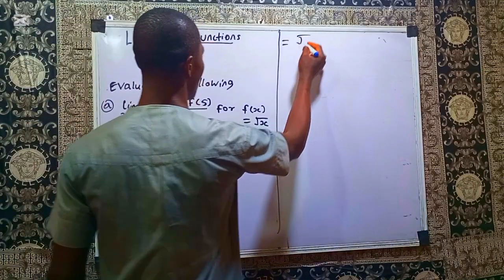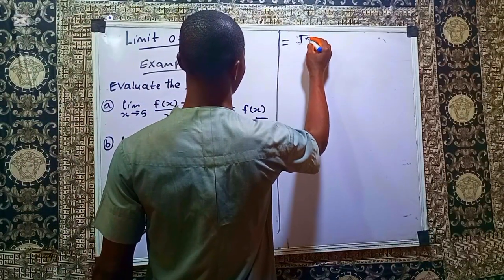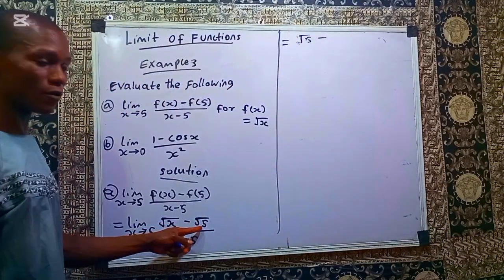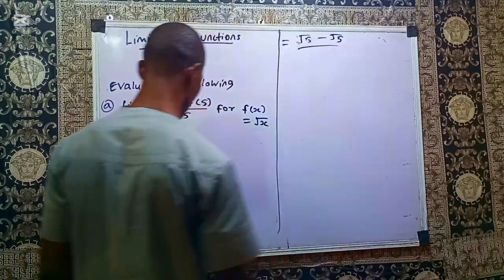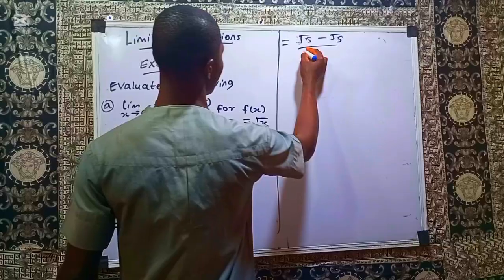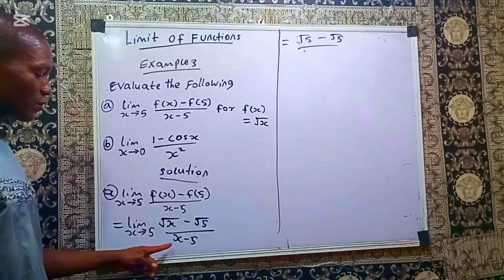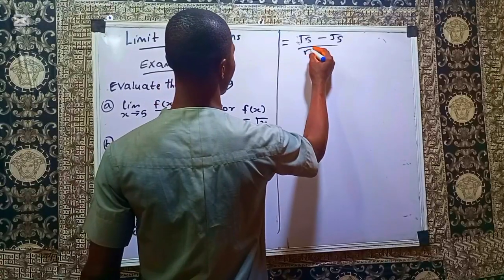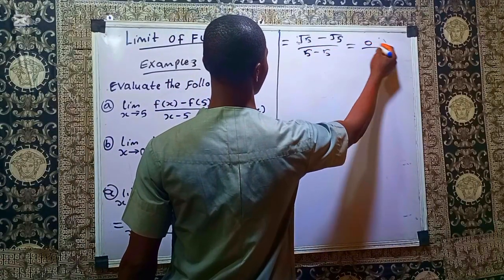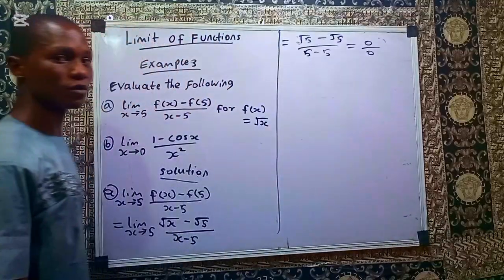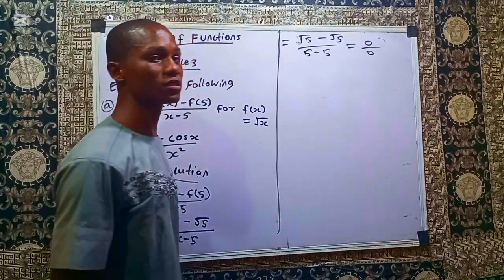Instead of square root of x, we have square root of 5, minus square root of 5 again, all divided by x minus 5, but with x being 5, so we have 5 minus 5. The numerator is giving us 0 and the denominator is giving us 0, because square root of 5 minus square root of 5 is 0 and 5 minus 5 is 0. So we got 0 over 0.